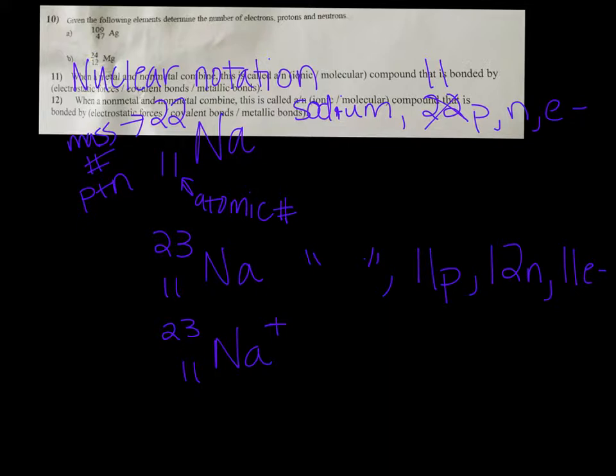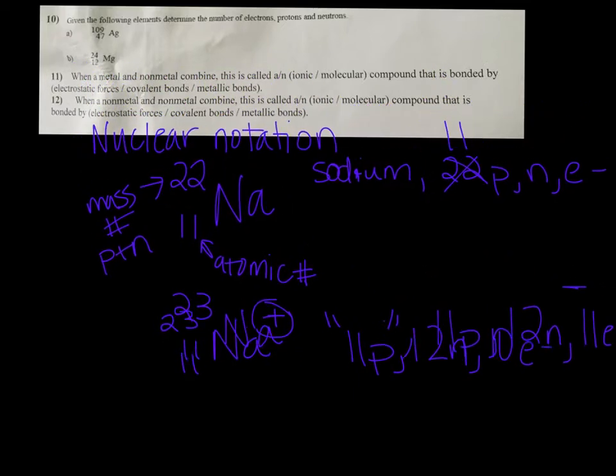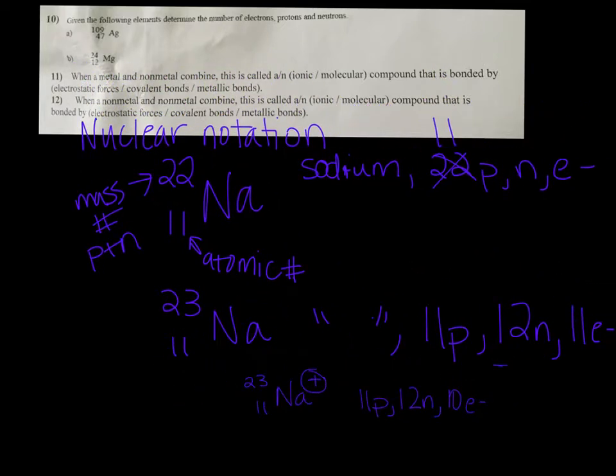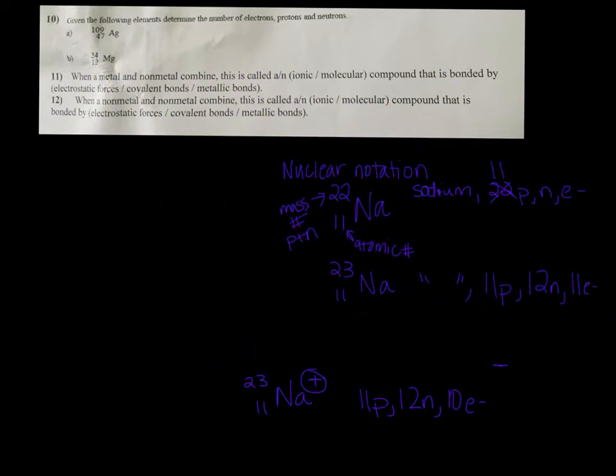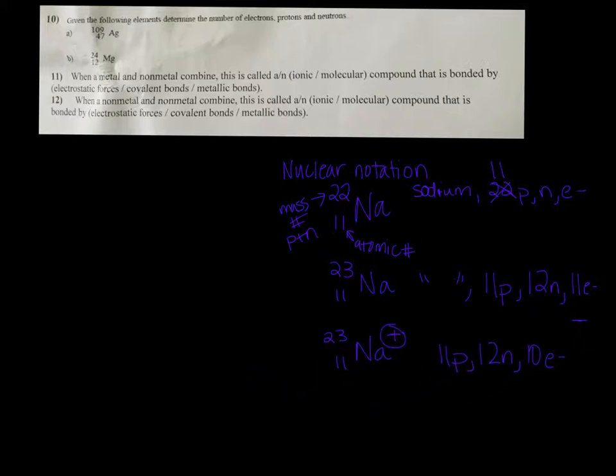So we have 11 protons, we still have 12 neutrons, but according to this, my charge is one less electron. So I no longer have 11 electrons. I'm going to actually have 10 electrons. So I do want you to be pretty familiar with your nuclear notation and what information is given to you in those kinds of questions.